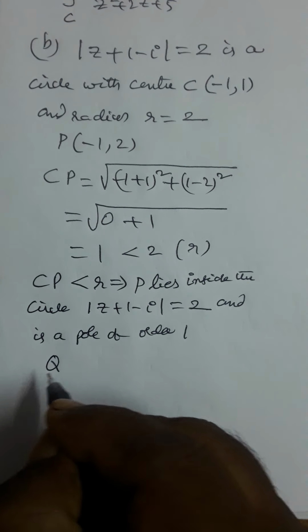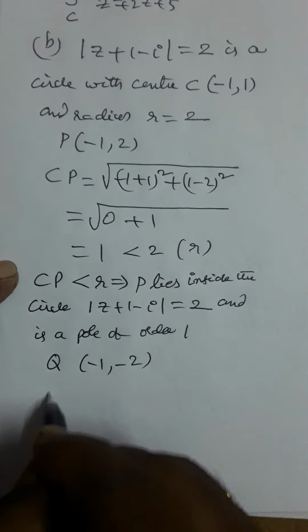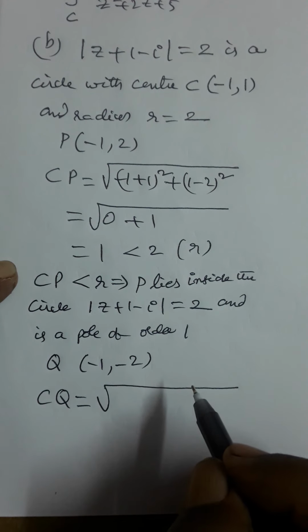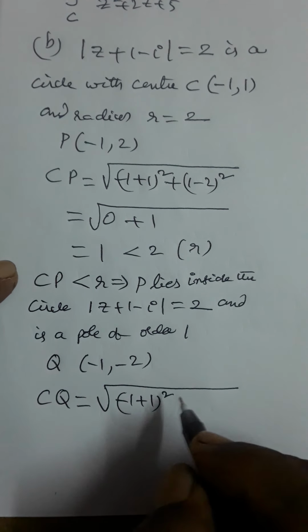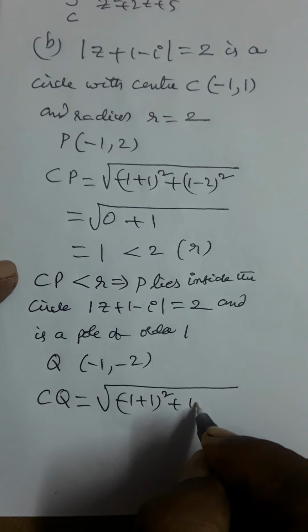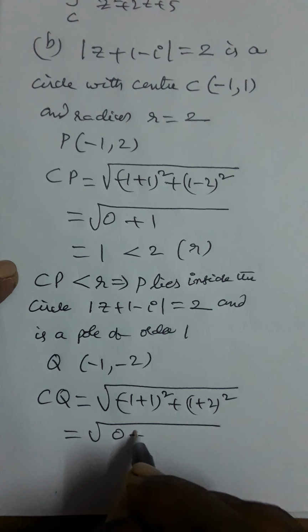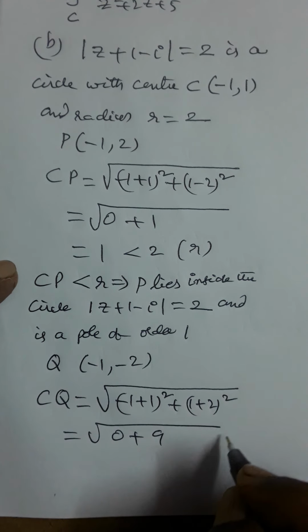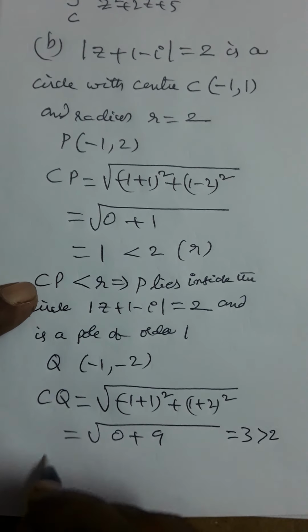What is your Q point? Q is (minus 1, minus 2). CQ is root of (minus 1 plus 1) whole square plus (1 plus 2) whole square, which is root of 0 plus 3 square, 9, equal to 3, greater than 2.